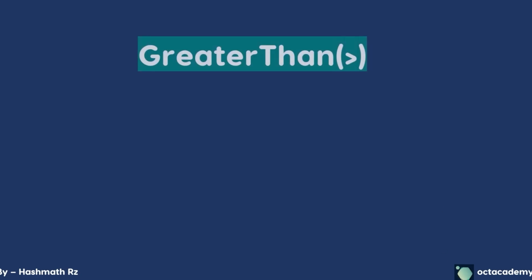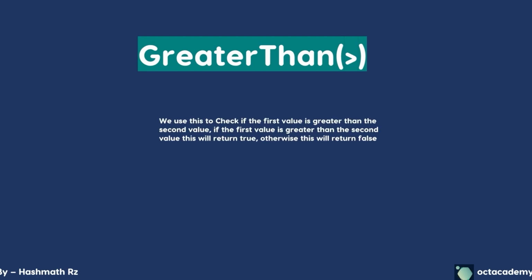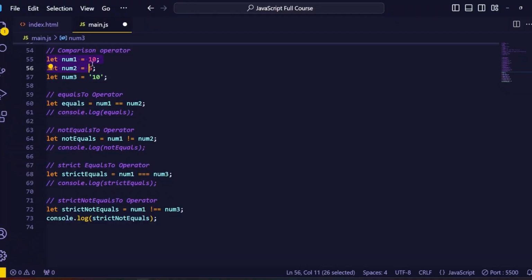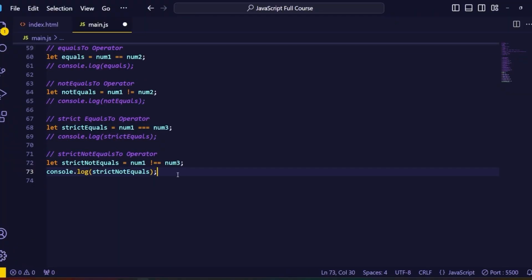Alright, let's quickly move on to the next comparison operator, the greater than operator. So guys, we use this to check if the first value is greater than the second value. If the first value is greater than the second value, this will return true, otherwise this will return false. Okay, so let's look at an example for this. Let's use our num1 and num2 variables for this as well.